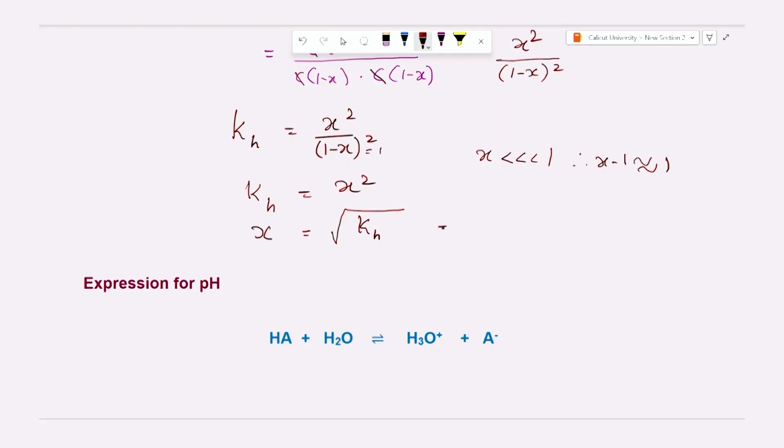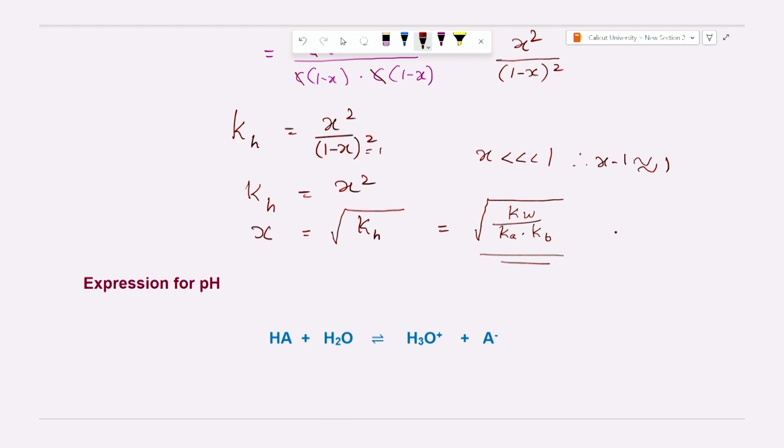Again, I am going to substitute for Kh, we have derived it here, that is Kh is equal to Kw divided by Ka into Kb. So, I am going for that, which is equal to square root of Kw divided by Ka into Kb. This is the degree of hydrolysis, the expression here.